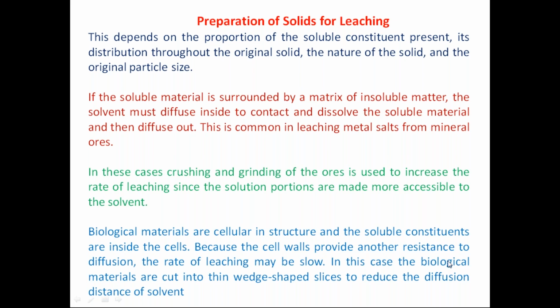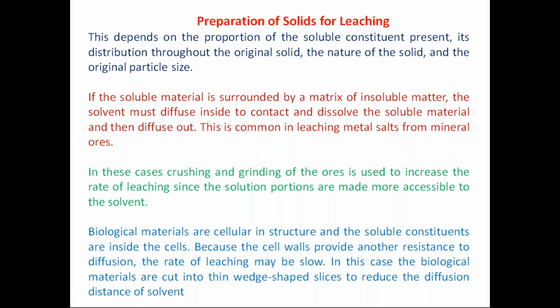In this case, the biological materials are cut into thin wedge shaped slices to reduce the diffusion distance of the solvent. So you can make them into slices before adding into the solvent. This type of solid preparation is required in the leaching operation.